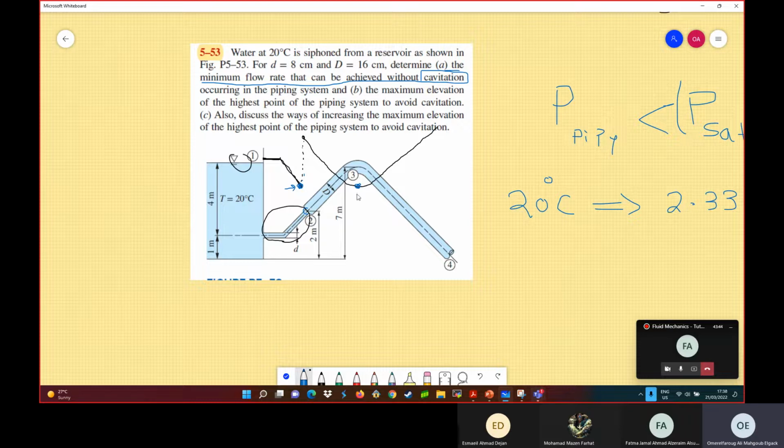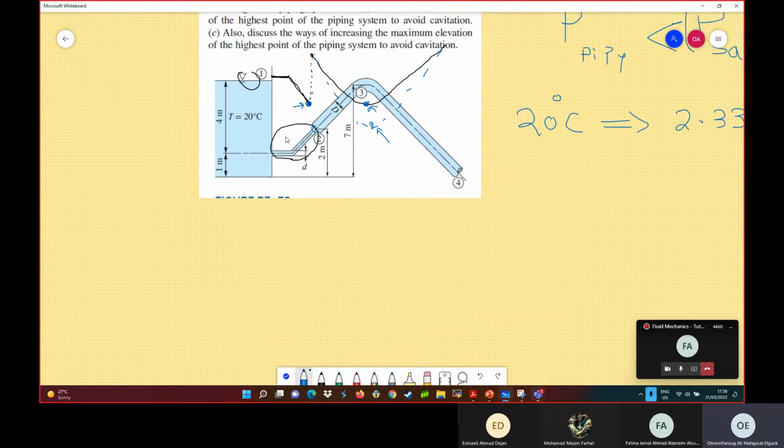Or this other point is the lower pressure region if the graph goes down this way, and in that case, point 3 will be the critical point where cavitation will occur. So how do we know which one, 2 or 3, is the critical point?